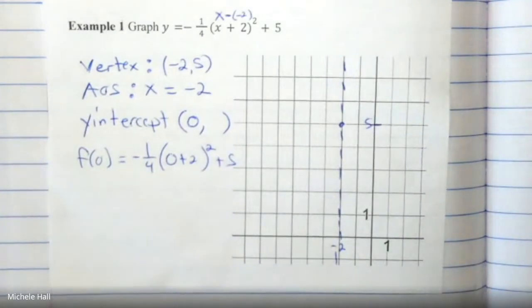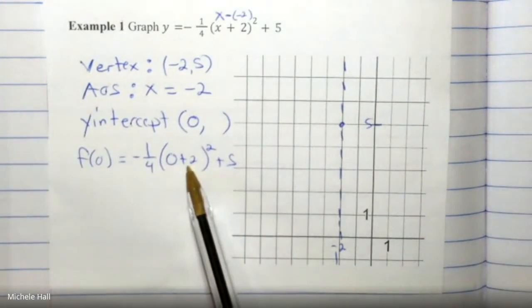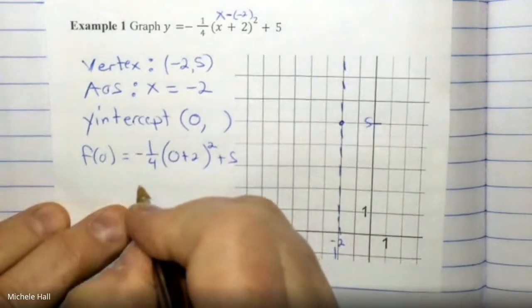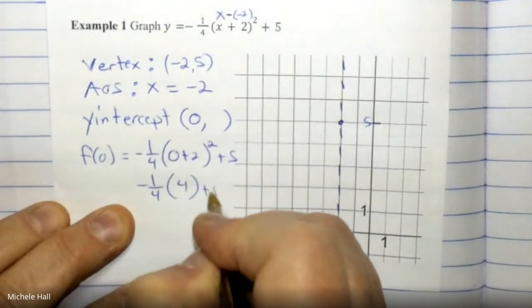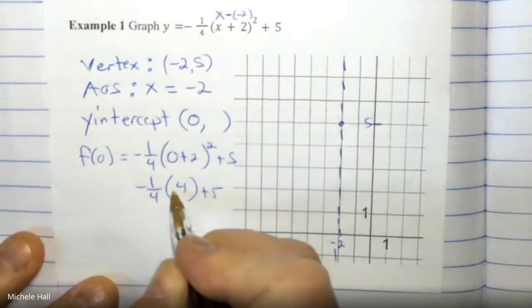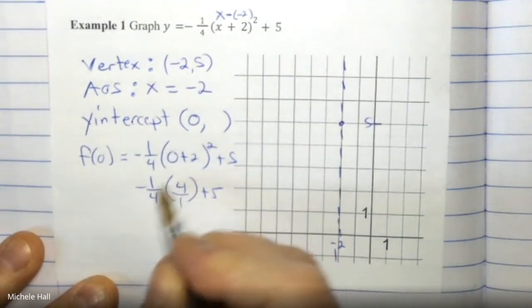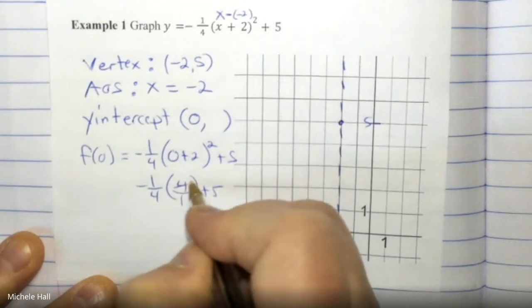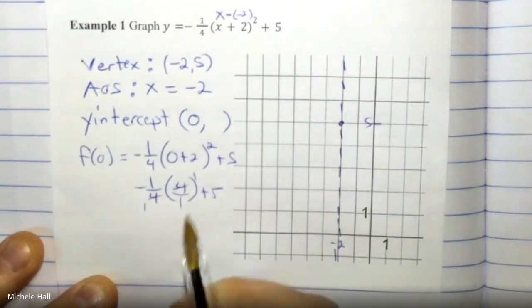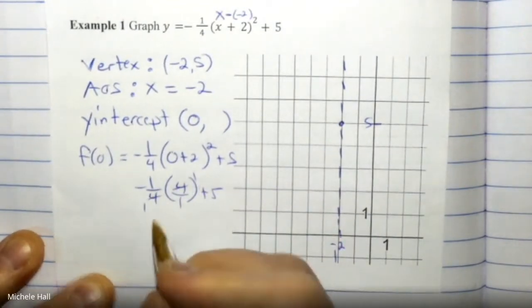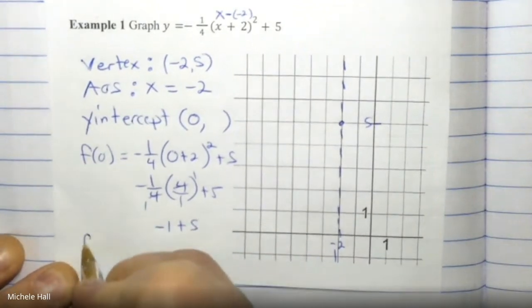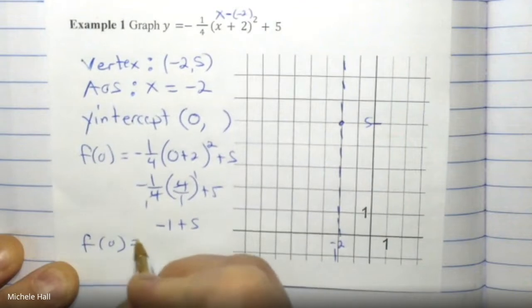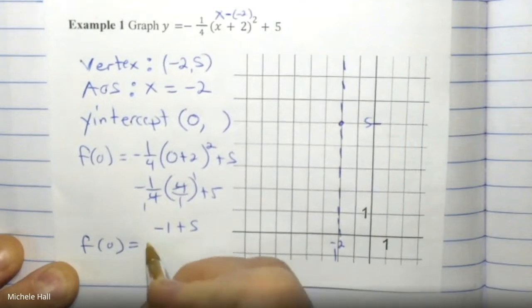And then we just simplify. 0 plus 2 is 2. 2 squared is 4. So I have negative 1/4 times 4 plus 5. Multiplying comes before adding, so I would cross cancel my 4s, and I'm left with negative 1 over 1. So negative 1 plus 5. We see that when x is 0, the Y-intercept was 4.